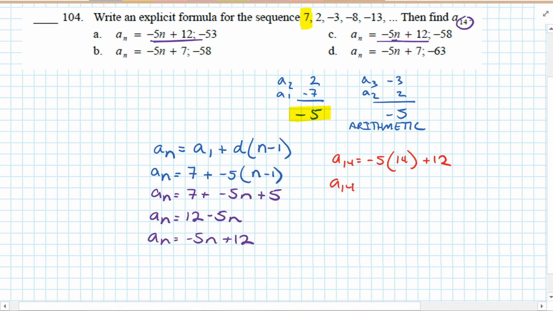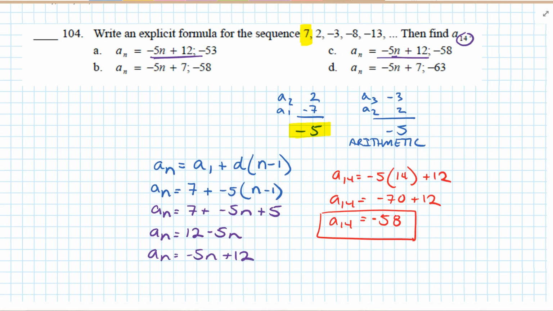So A of 14 would be, that's -70. -70 plus 12. So A of 14 would be -58. So the answer would be C.